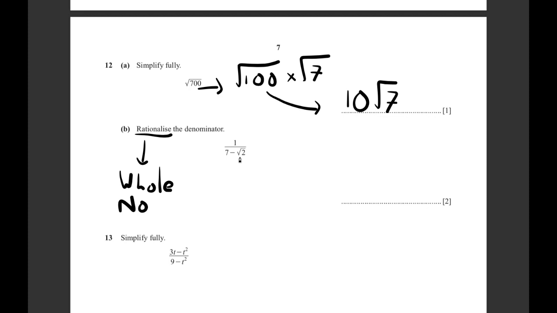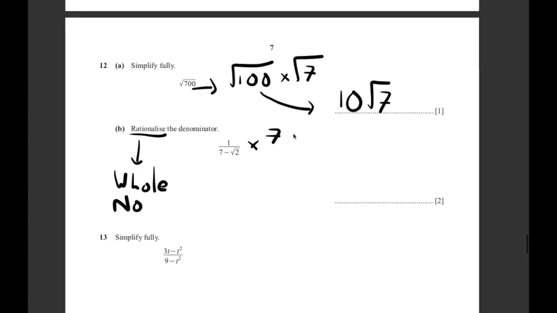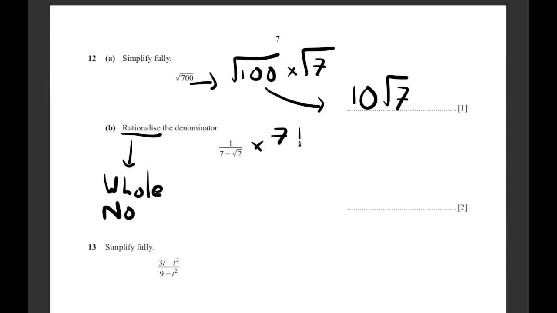We multiply by the same thing top and bottom, so it doesn't change what it is. But instead of multiplying by 7 minus root 2, we're going to multiply by 7 plus root 2, and we do it to both the top and the bottom.